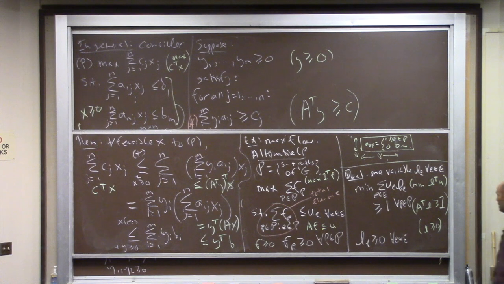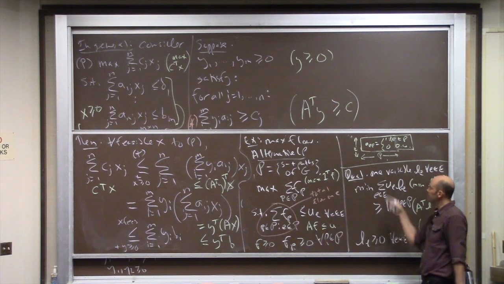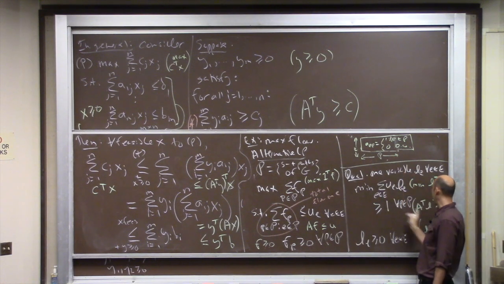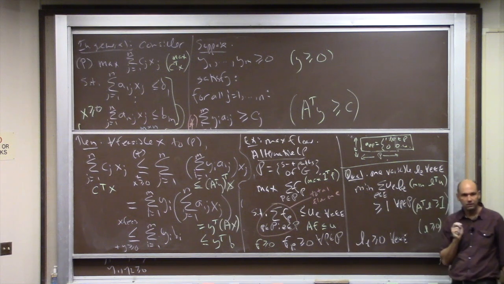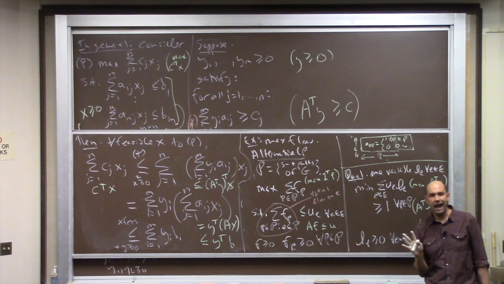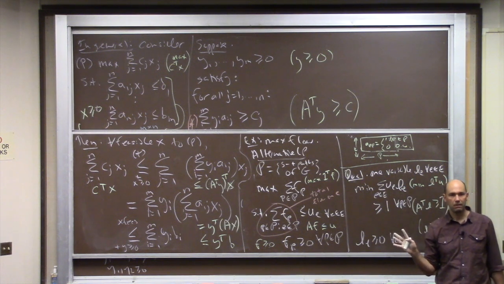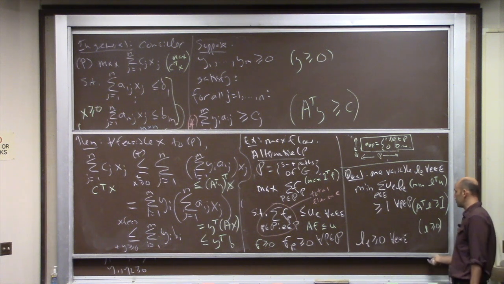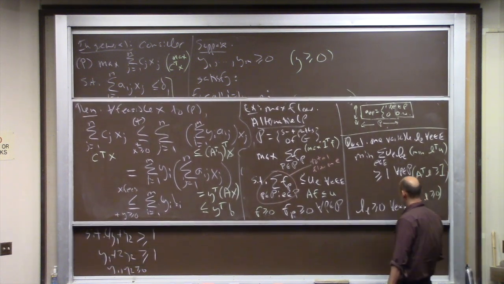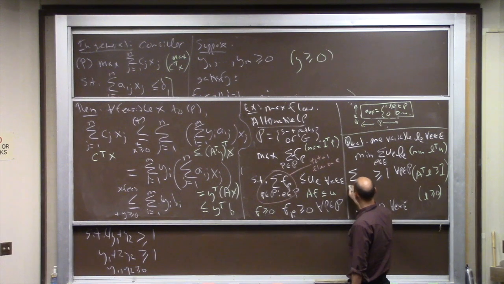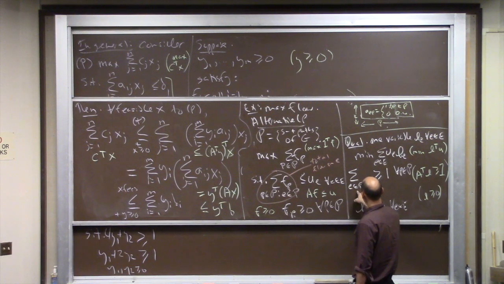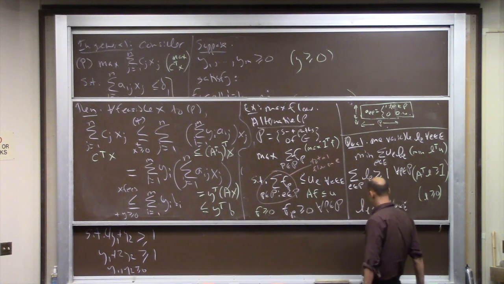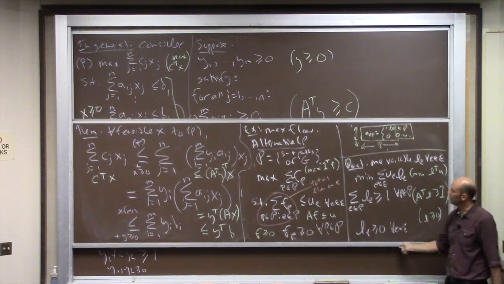So what does it mean to take the inner product of a column of capital A with L? Well, for any edges not in the path, they have a coefficient of 0, so they disappear. And then the other ones have a coefficient of 1. So what we get here is just the sum over the edges in this fixed path P of L_E.